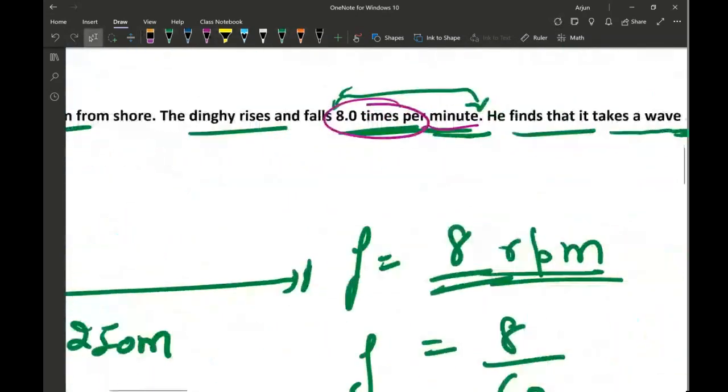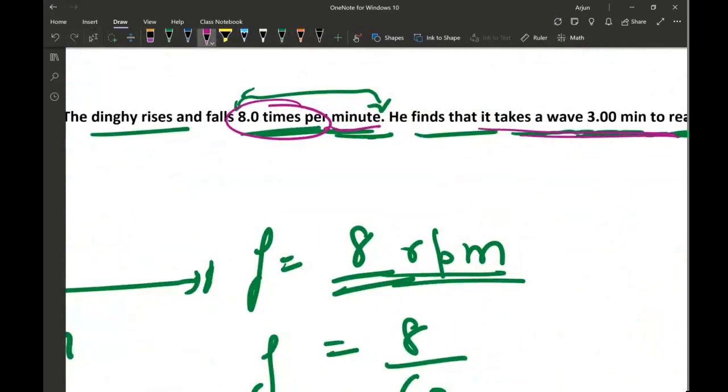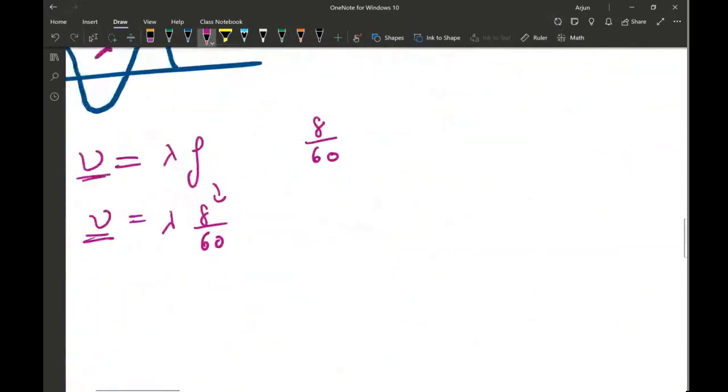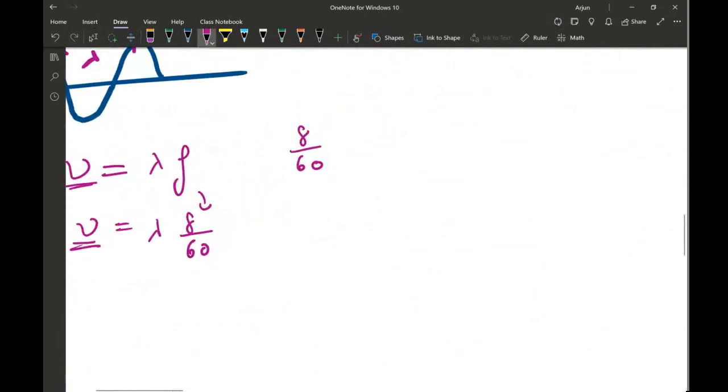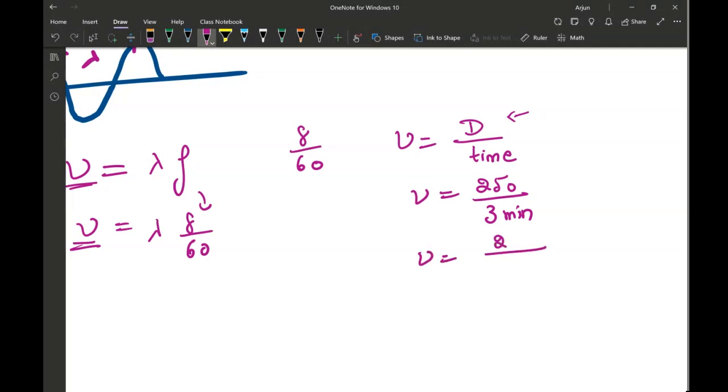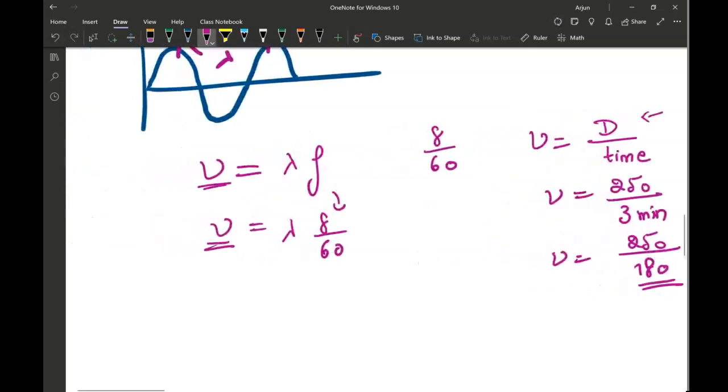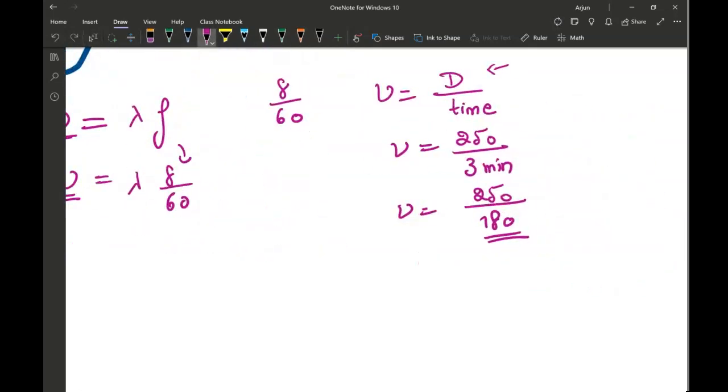Speed will be equal to distance divided by time. Distance is 250 meters and time is 3 minutes, which can be written as 180 seconds. This will be the speed at which it is traveling in the forward direction.